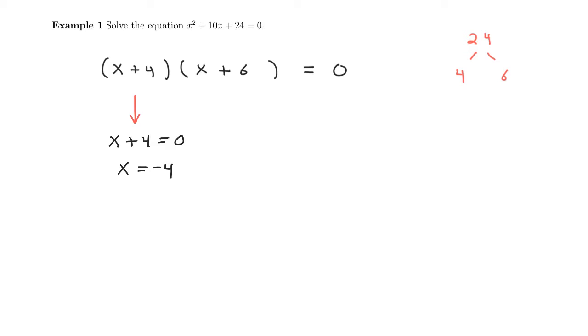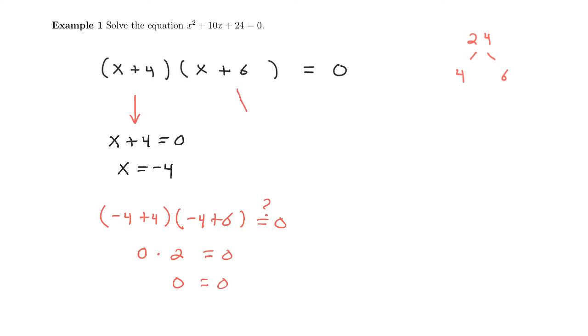So I'll be really careful here, but if I plug negative 4 back into the expression, so we get negative 4 plus 4 times negative 4 plus 6, is this equal to 0? And it is, because we get 0, and we also get 2, but again, who cares? I know that one of the factors is 0, so you'd still get 0 is equal to 0. I don't think we have to check this every single time.